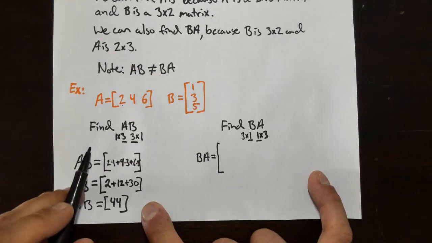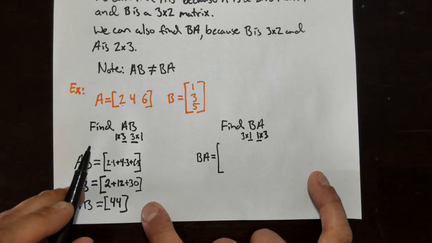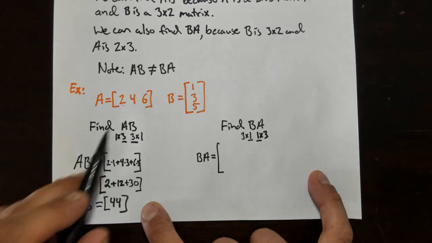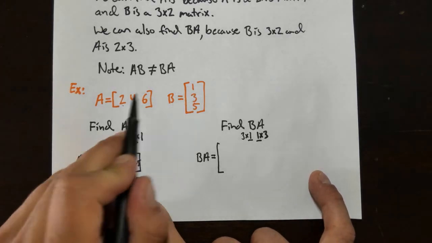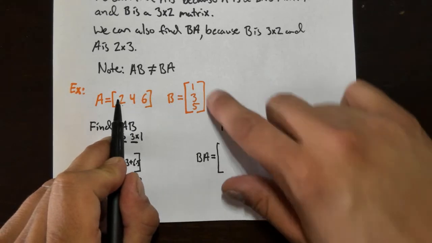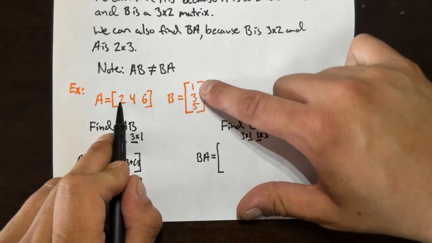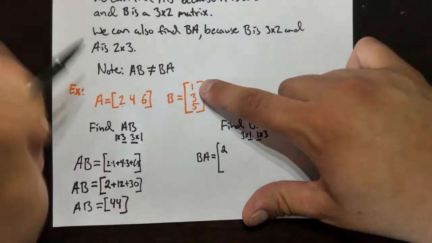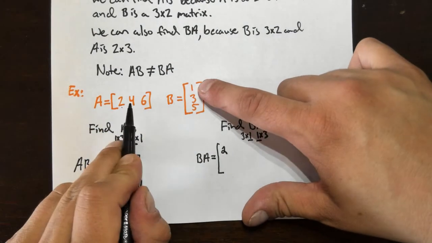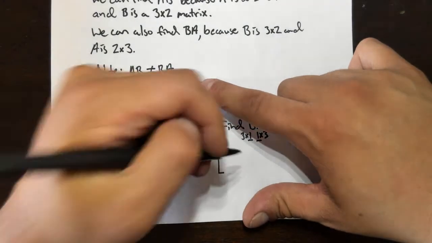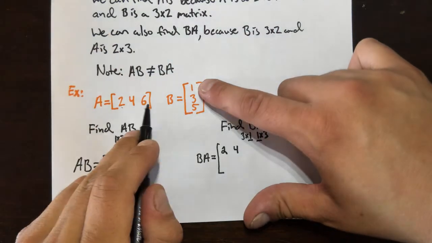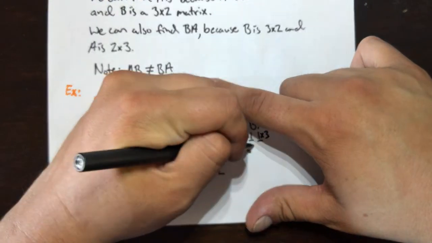We need to multiply the first row by these columns. So 1 times 2 is 2. 1 times 4 is 4. And 1 times 6 is 6.